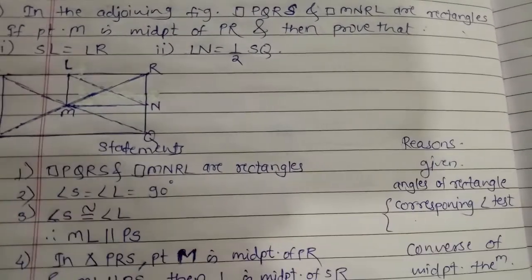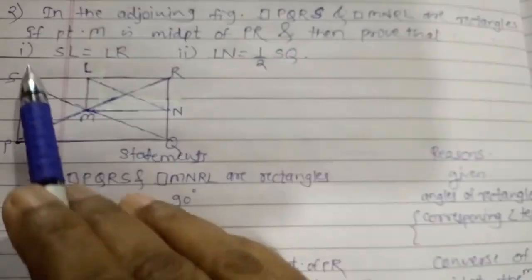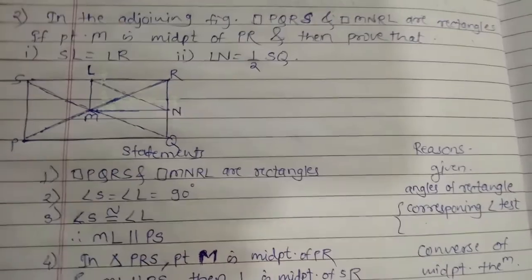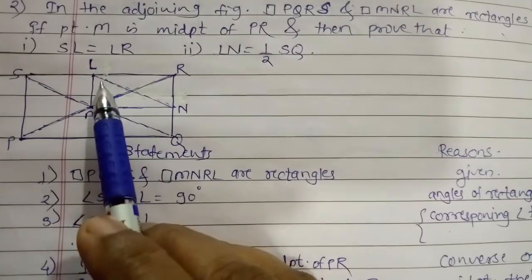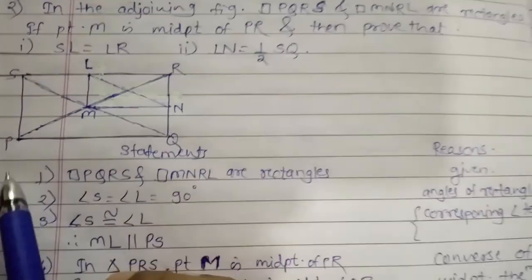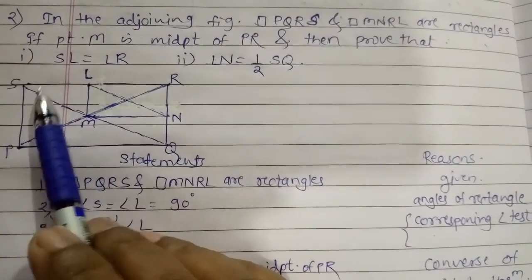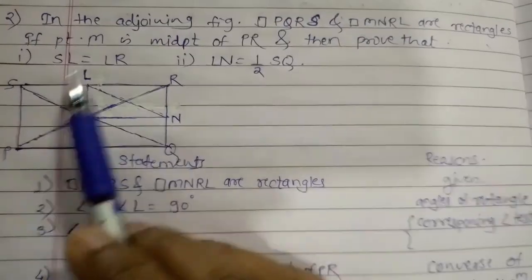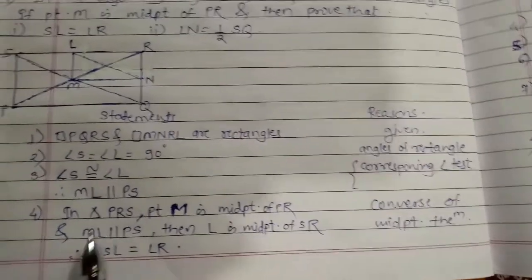If we consider SP and LM, since these two angles are congruent, these two lines are parallel. That is SP and LM are parallel because these two angles are corresponding angles which are congruent. So the reason is the corresponding angle test.